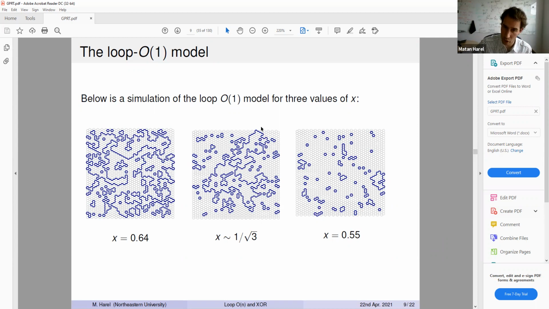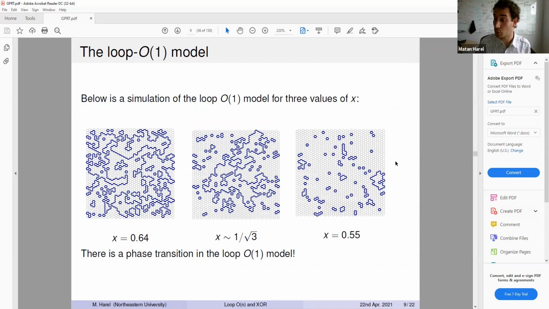We have this one very long loop, but the geometry, the sort of fractal nature of the boundaries of these loops, is different when x is larger than 1 over the square root of 3 to x being approximately 1. So the phase transition here takes you from a phase which is long loops of one kind, a critical phase that's long loops of a second kind, and a supercritical phase, which is going to be essentially short loops.